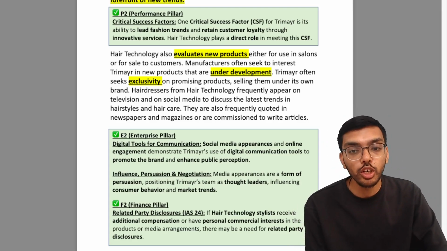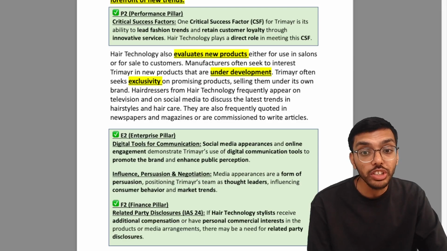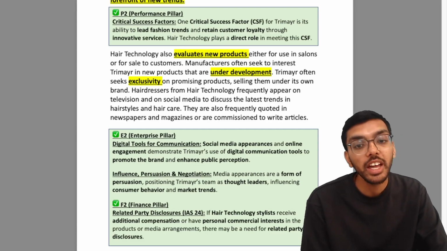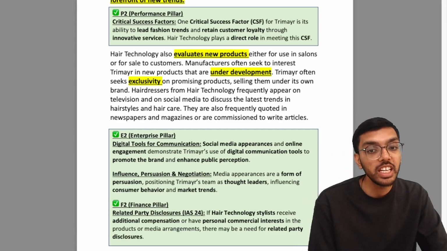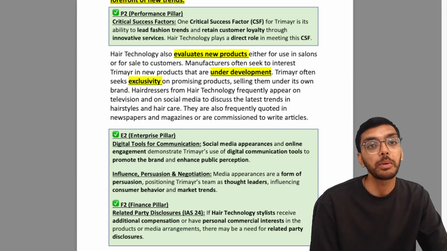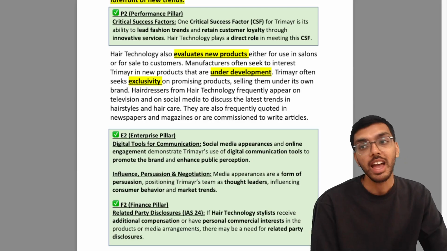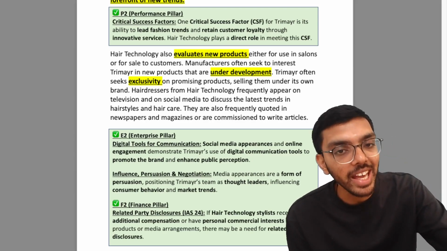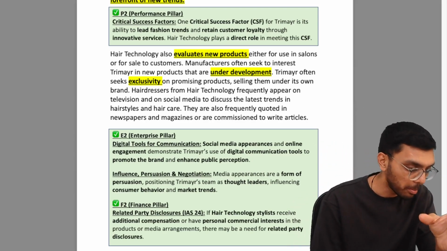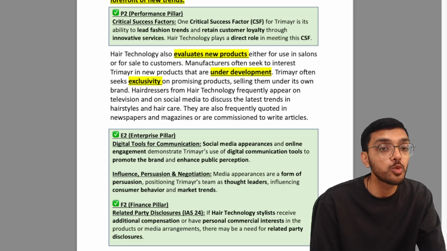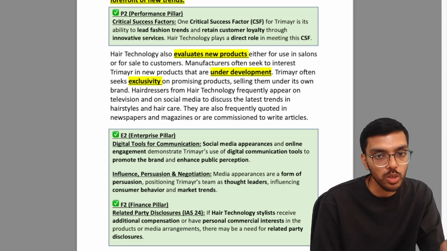Because if hair technology stylists receive additional compensation or have personal commercial interests in the products or media arrangements, there may be a need for related party disclosures. For example, one of our board of directors has a small stake in a product manufacturer whose products we are selling in our stores.